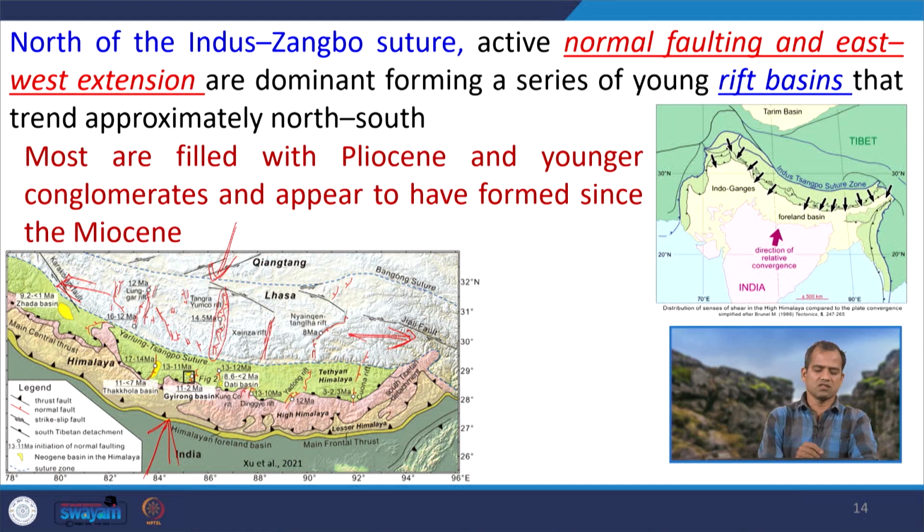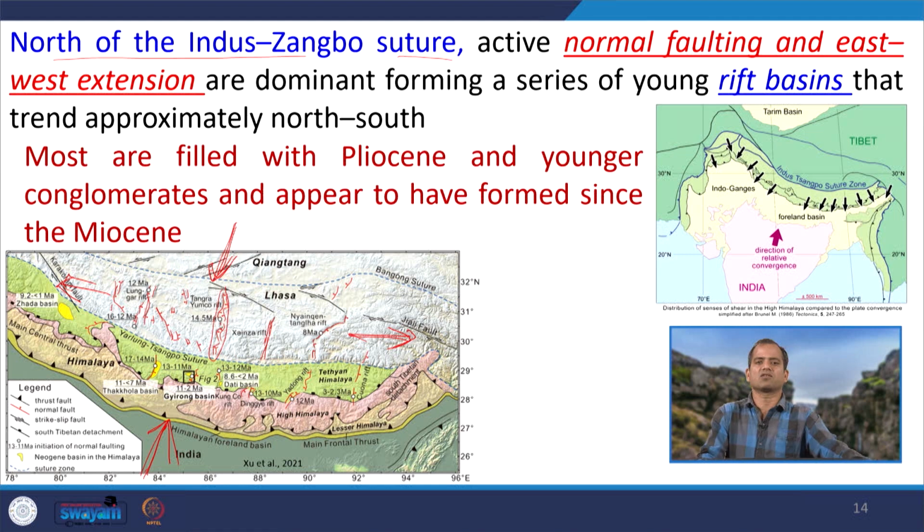North of this Indus-Tsangpo suture zone, active normal faulting and east-west extension are dominant, forming a series of young rift basins that tend to approximate north-south, because their orientation is parallel to the compressional direction. Most of them are filled with Pliocene and younger conglomerate and appear to have formed since the Miocene.